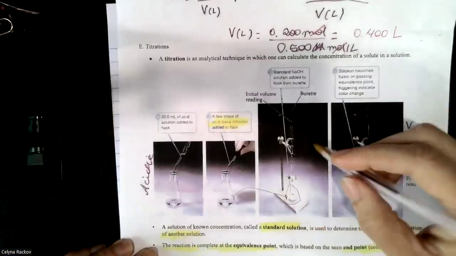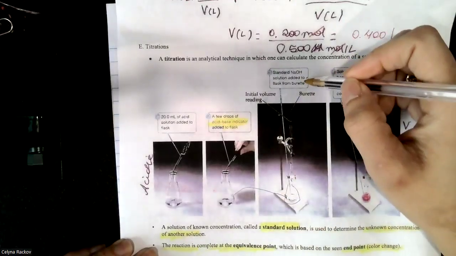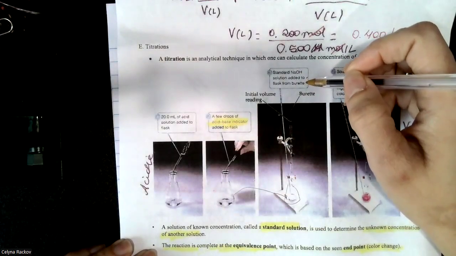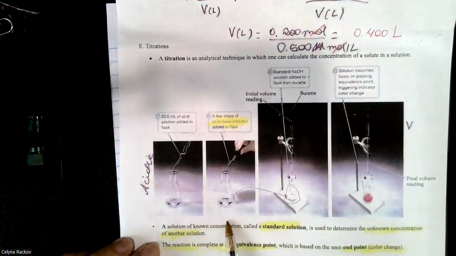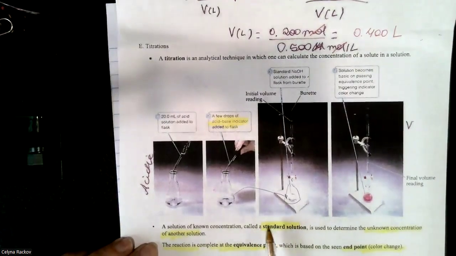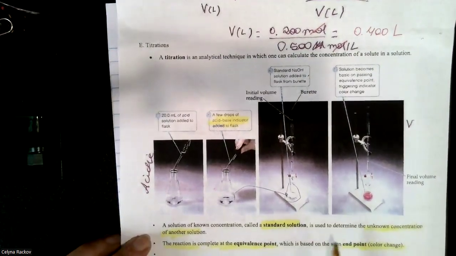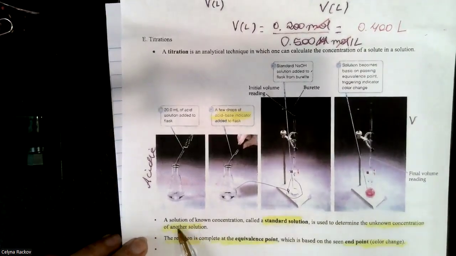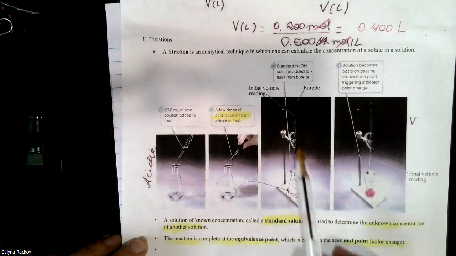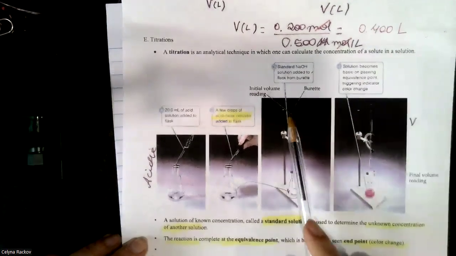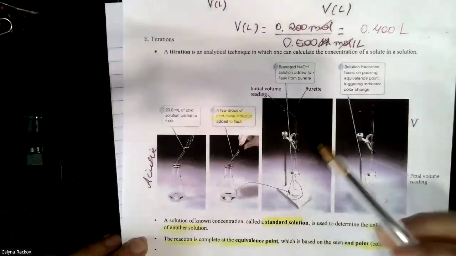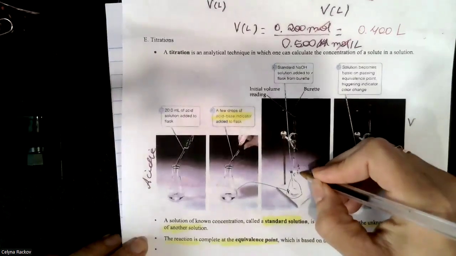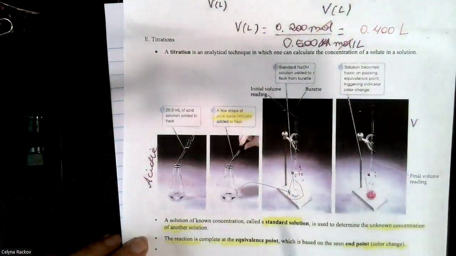The only thing that you know here, for example, is the concentration of sodium hydroxide. So a solution of known concentration, the standard solution, is used to find the unknown concentration of another solution. So we don't know this yet, but we know the sodium hydroxide concentration here. So we are going to let it drop by drop until the color changes.